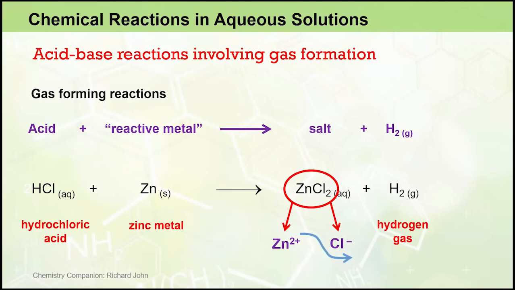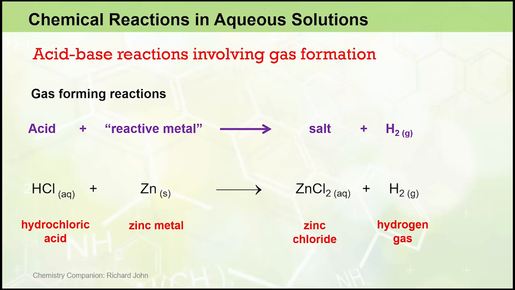When we do our crisscross method, we take the 2 from the 2+ charge of the zinc and bring it down as a subscript for chlorine. And we take the 1 from the 1- charge of chlorine and bring it down to be the subscript for zinc. So we get Zn1Cl2, or just ZnCl2 as the formula for zinc chloride. This equation is unbalanced.